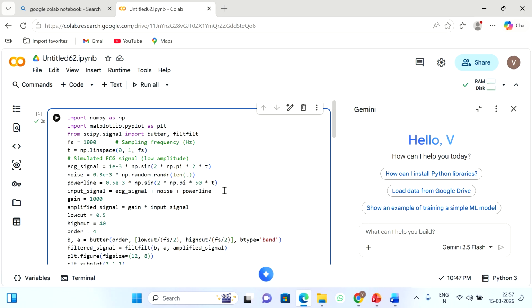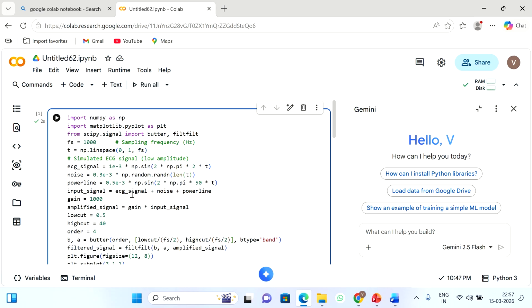In the same way, while taking also, it will be added with the power line interference. So when we are taking, automatically the waveform will have the power line interference as well as noise. So for the process we have to include this. There is no raw input signal.